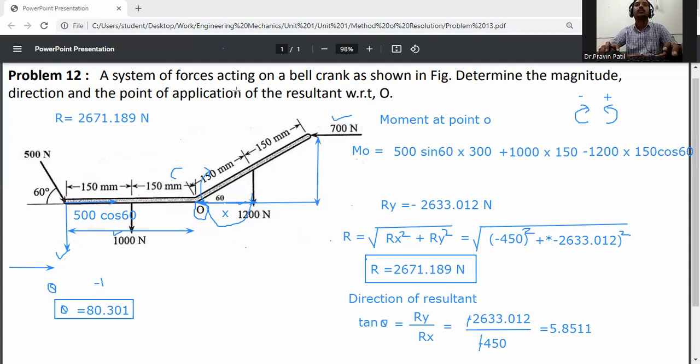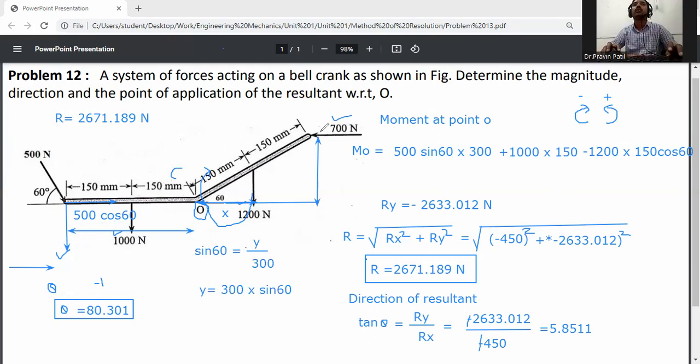Sin 60 is equal to the opposite side, assume y, divided by the hypotenuse. The hypotenuse is 150 plus 150, which is 300 mm. So y is equal to 300 sin 60.